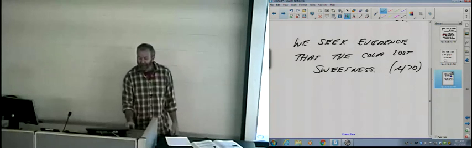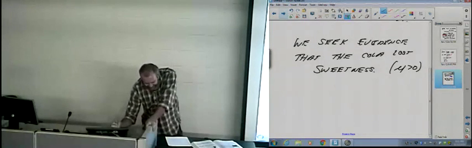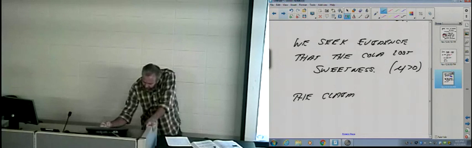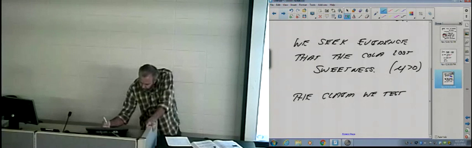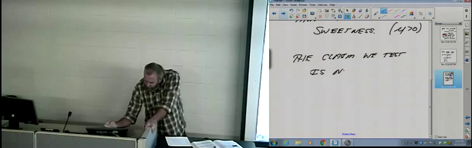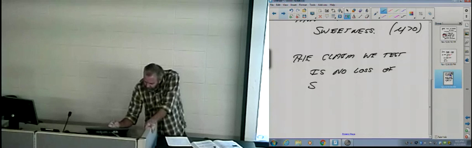Now, I can't attack the problem straight ahead. So the claim, and this is the right language here, the claim we test, is no loss of sweetness.